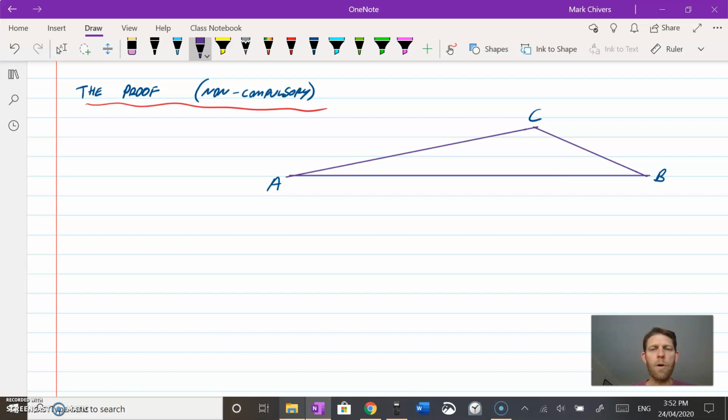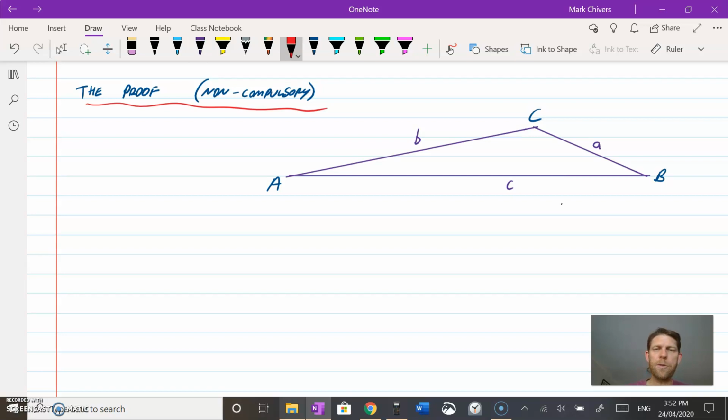The side that's opposite angle A is going to be side little a, the side that's opposite angle B is going to be little b, and the side that's opposite angle C is going to be little c. So there we've got triangle ABC, and there's its 3 sides. Every side is effectively opposite the angle for which it's named.